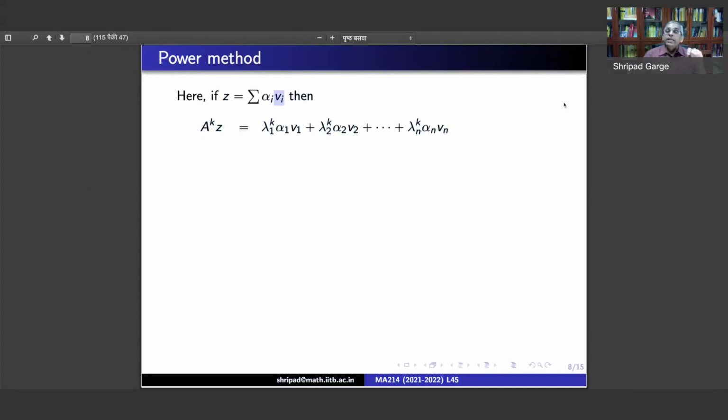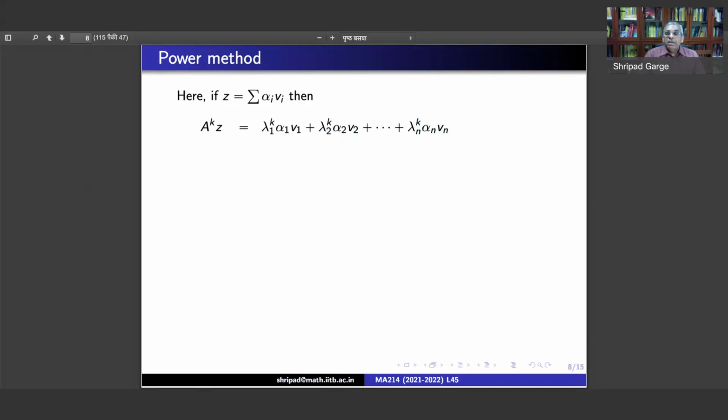But each vi is an eigenvector, so A vi is lambda i vi, A squared applied to vi is lambda i squared vi, and similarly A^k applied to vi gives the kth power of the corresponding eigenvalue. So we have lambda 1^k alpha 1 v1 plus lambda 2^k alpha 2 v2 plus dot dot dot lambda n^k alpha n vn.